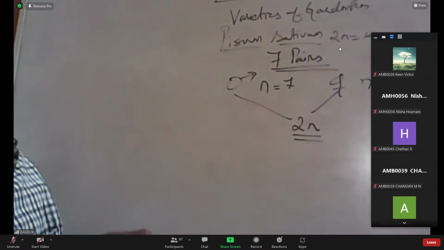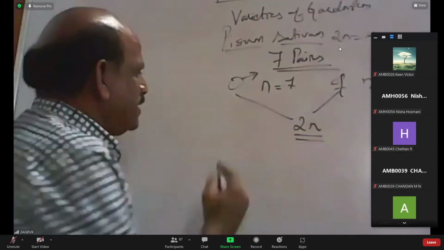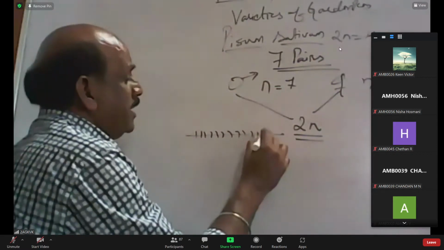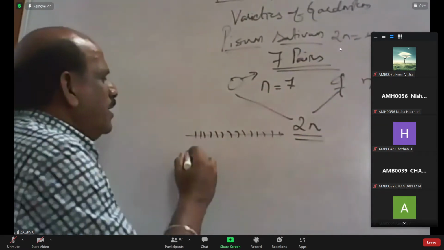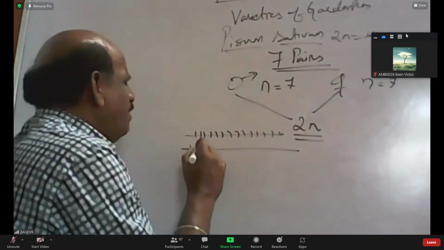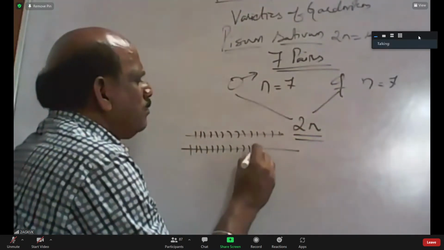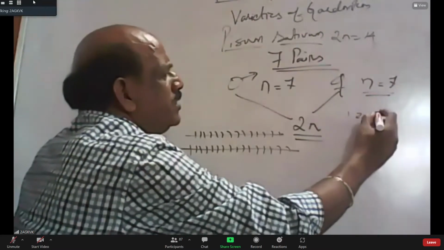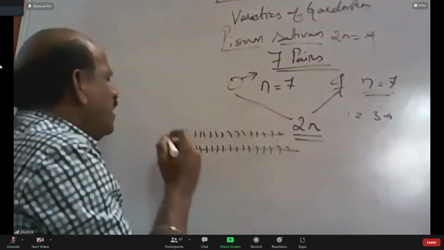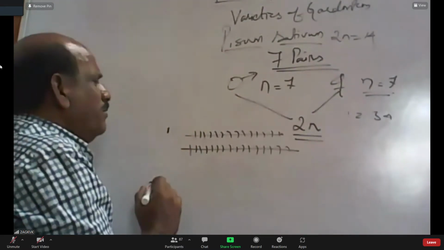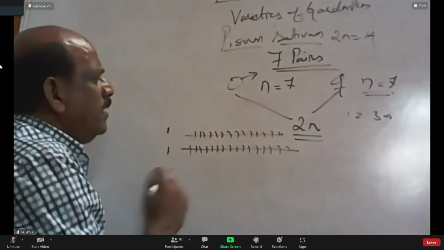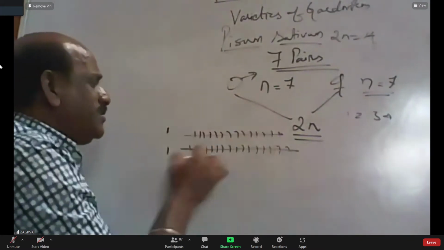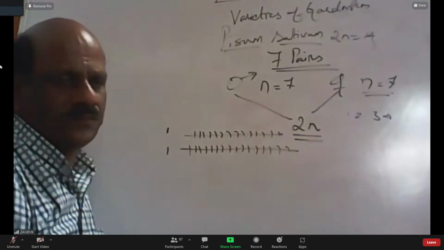Last class we discussed that on the chromosomes the genes are arranged. Say n is equal to 7. If you take chromosome number 1 from the female and chromosome number 1 from the male, and say they have 100 genes, the male chromosome has 100 genes and the female chromosome also has 100 genes.